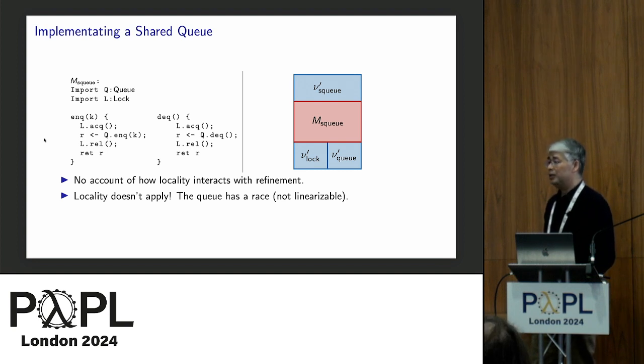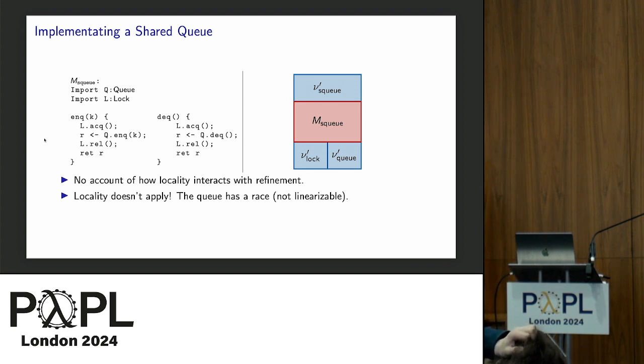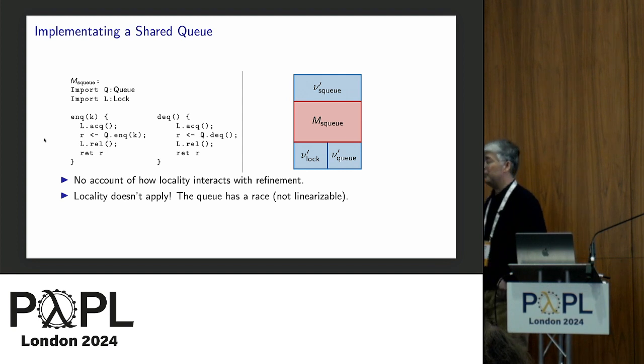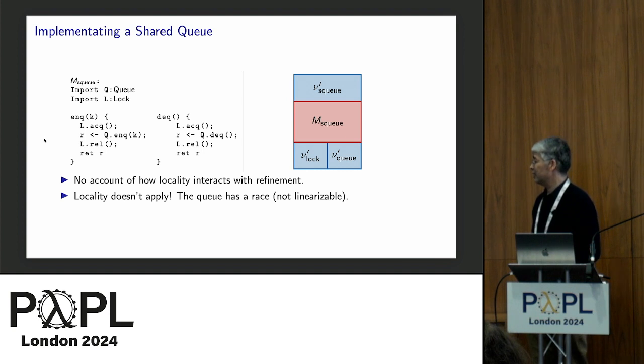You want to use the idea from linearizability, but it does not work. Why? Because remember that the contextual refinement only works for a linearizable object. And this new Q prime, which is a sequential queue implementation, is not even linearizable because it has arrays. It's a sequential queue. Clearly, it's not linearizable. So you cannot even use the locality. You cannot do that.